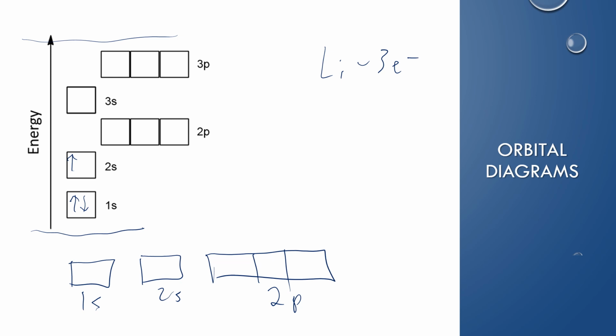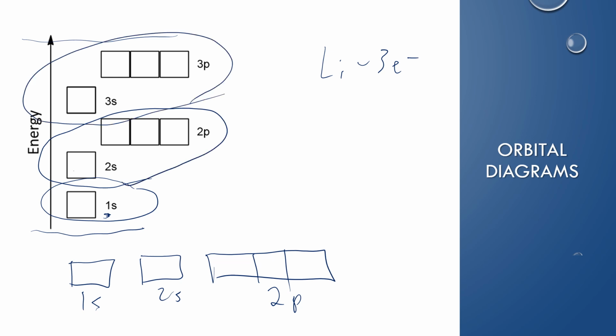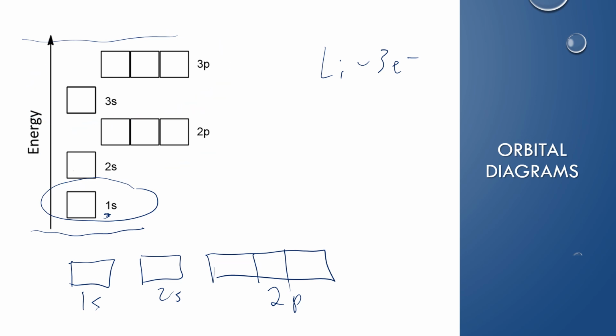And let's be really clear on a couple terminology things. So this is an energy level, because it starts with the principal quantum number 1, first energy level, second energy level, third energy level. Then if we're looking at sublevel, it includes all of the ones with the same shape.